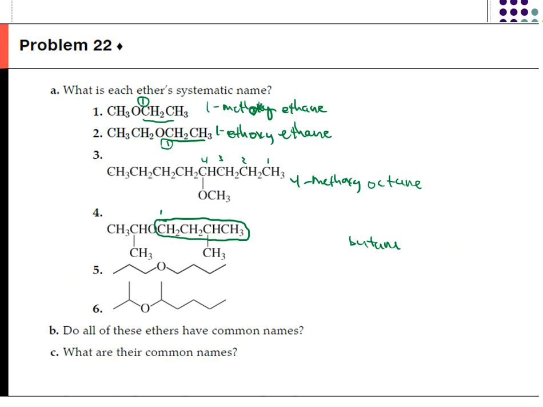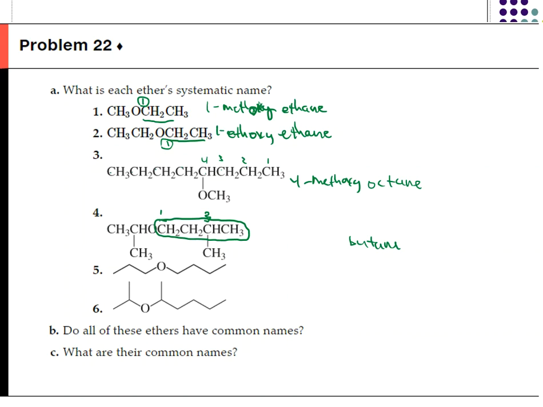And here on carbon 1, I have this huge big group with the O. And then on carbon 3, I have this methyl group that's also hanging off that I need to include in the name. All right, well, this is methyl. And what do we call this over here? This is an isopropoxy. So isopropyl group and the oxygen for oxy.